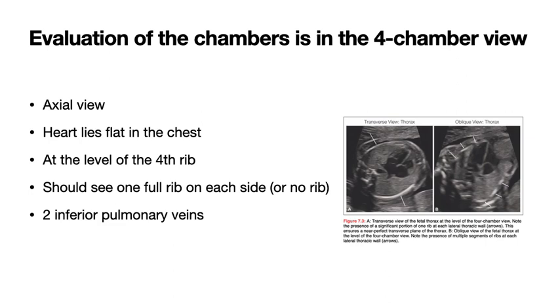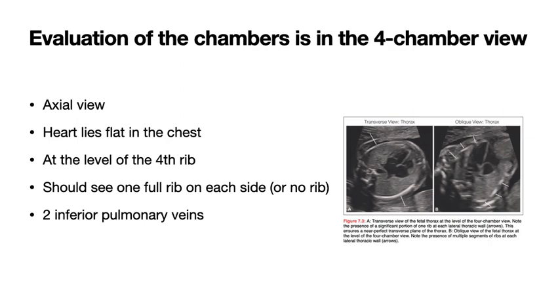Now, the reason for that is that in adults, the ribs kind of hang down. They start up high in your back and they kind of point downward by the time they get to your front. But in a fetus, they're not like that. They stay exactly level, which is why in the axial view, we can get between ribs.